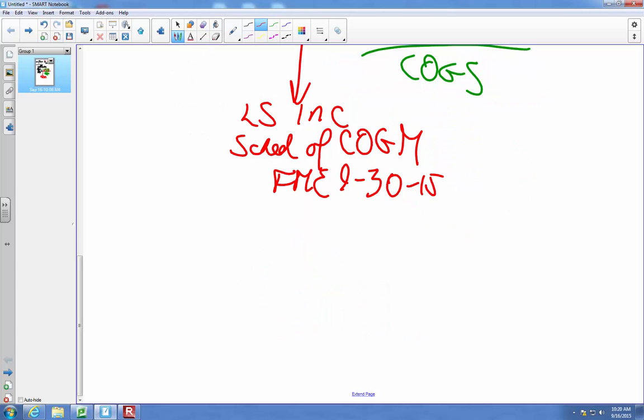Schedule of cost of goods manufactured for month ending or for year ending or for quarter ending, 9/30/15. This is just for 1 month. So basically, what we're going to do, and I want to make sure that what I've got in my notes looks exactly like the book.